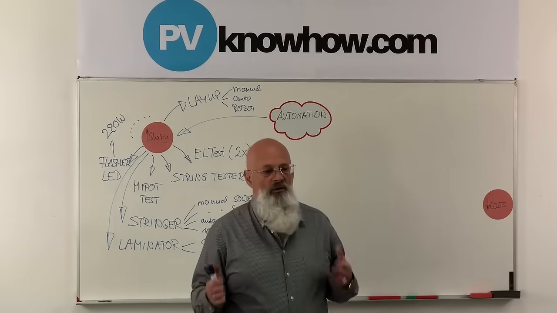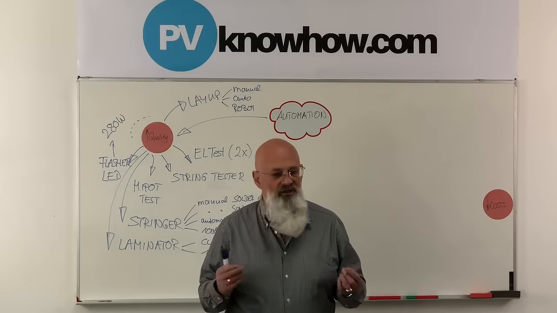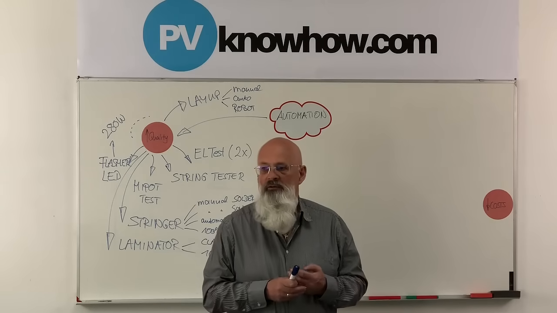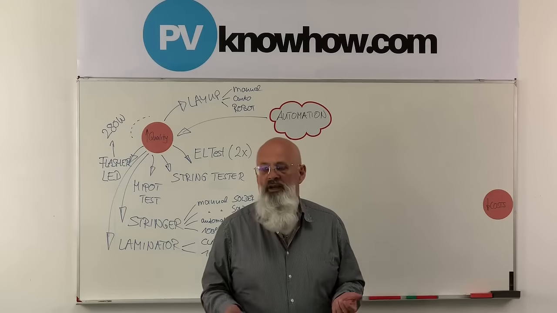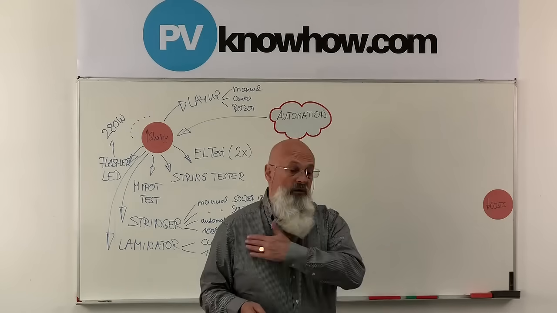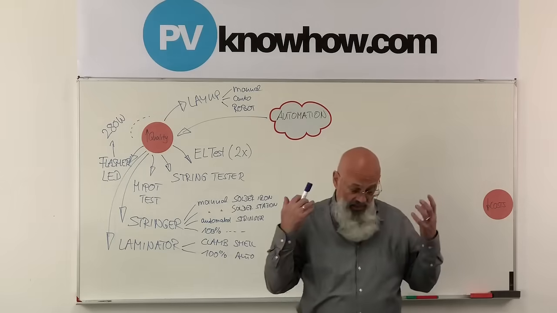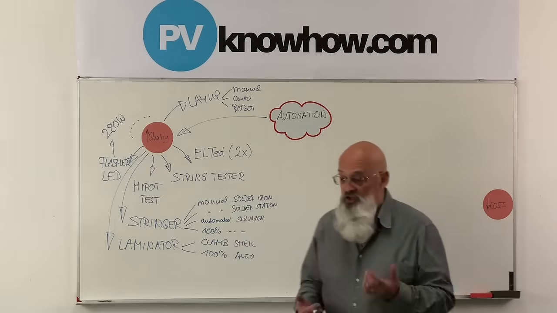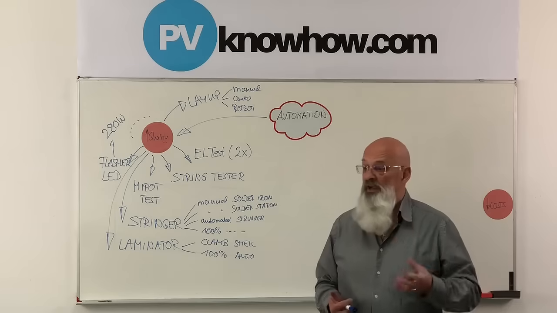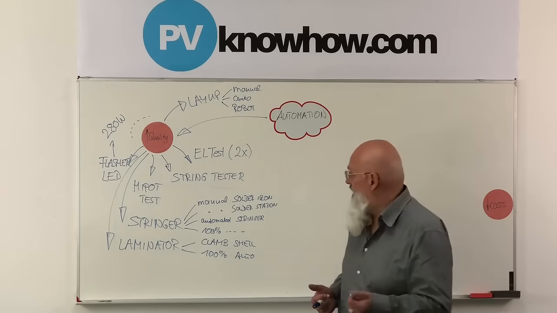If you make your own solution, then it's not market level, there is no quality behind it, maybe your measurement is totally foolish. So for the flasher, of course, you have to take a machine which is certified by TÜV or by the supplier of the solar factory.